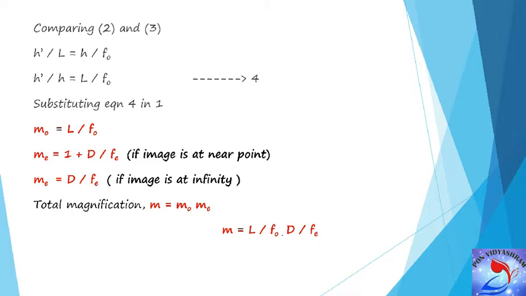If the image is formed at infinity, the magnification will be L by FO instead of MO, and D by FE instead of ME. By this we can find the magnification of a compound microscope.